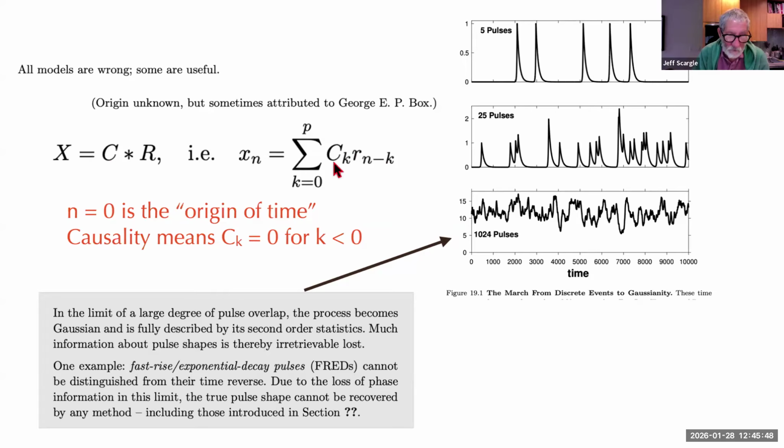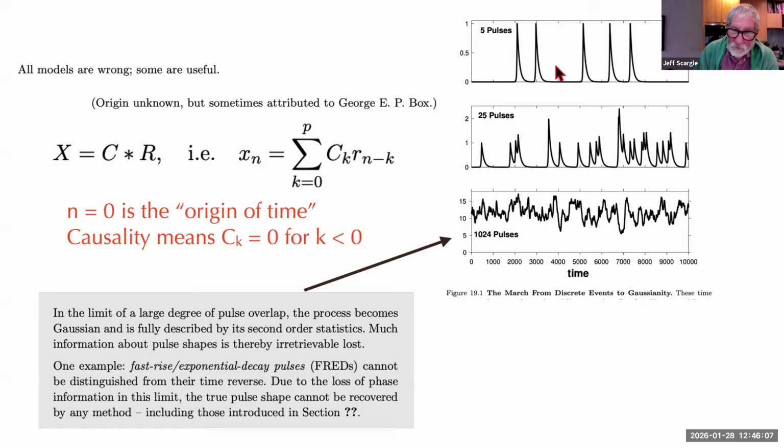I call these things filters, these arrays of coefficients, either autoregressive or moving average coefficients, or filters, because that's what an electrical engineer would call them, and they represent an unfolding in time of a pulse shape.